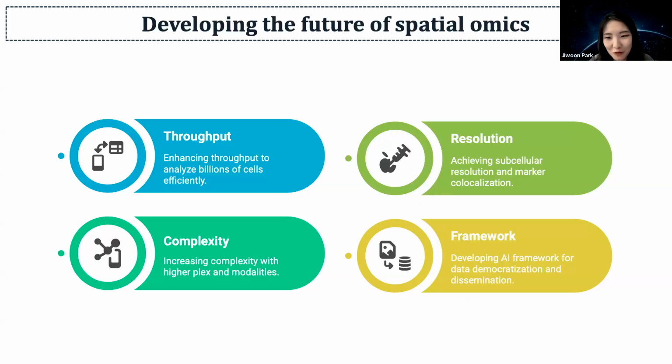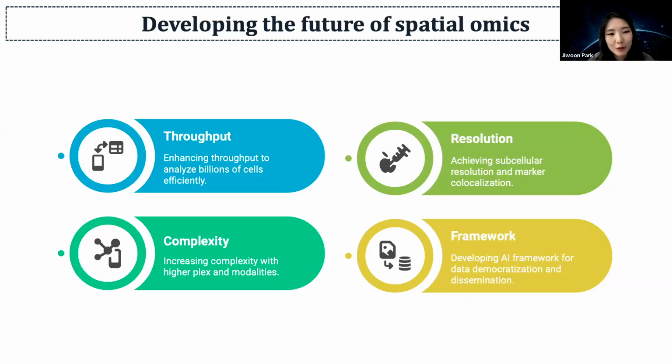And as we were building this forward for the past 4 or 5 years, there has been a huge leap in the field in different aspects. Every year when we go to different conferences and talk to different spatial omics partners, I think there are four different fronts that those platforms have been developing into. Of course, the throughput, where we get to profile more cells or a larger area given the same price, or sometimes at a lower price.